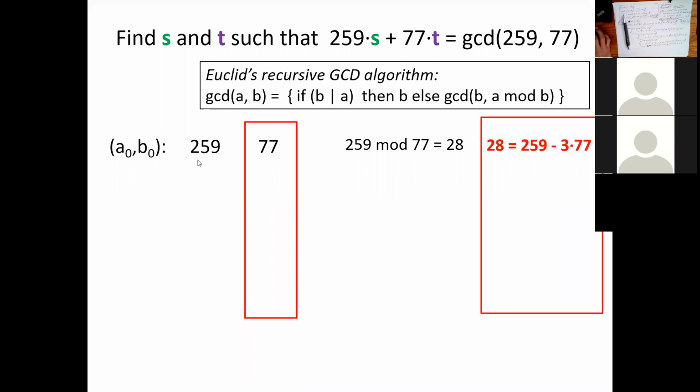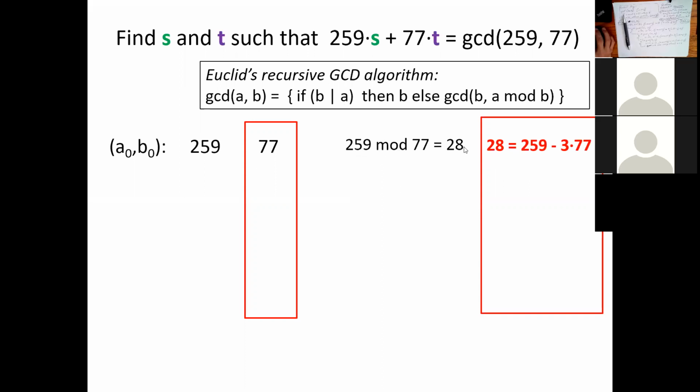So I'm calling this algorithm with these numbers, and the first thing it does is that it checks this, but it's not true. 77 does not divide 259. So instead it computes A mod B, which happens to be 28. Because 28 is this difference, and that's the largest multiple of 77 before you hit 259.